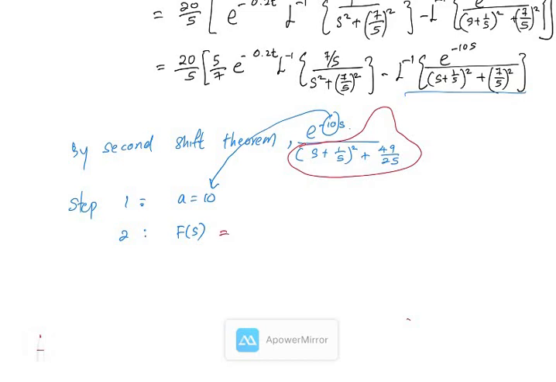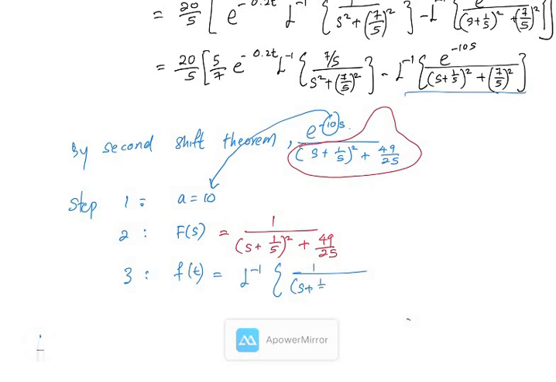This is equivalent to 1 over (s plus 1 over 5) squared plus 49 over 25. Then step number 3, we want to find f(t) by using the inverse Laplace transform. So inverse Laplace transform this: 1 over (s plus 1 over 5) squared plus (7 over 5) squared.